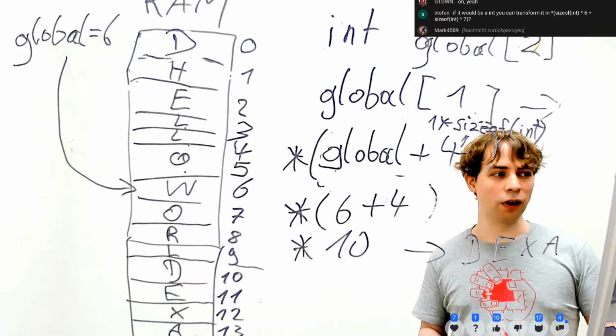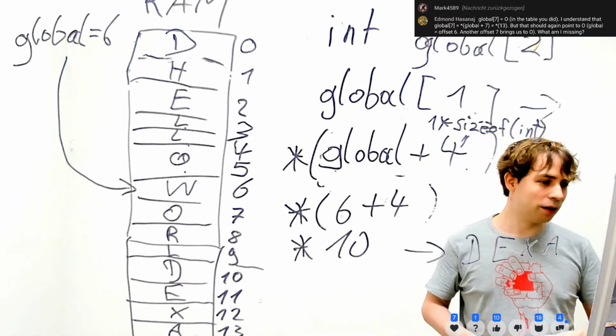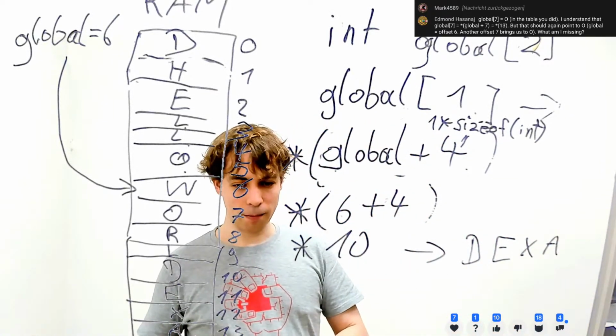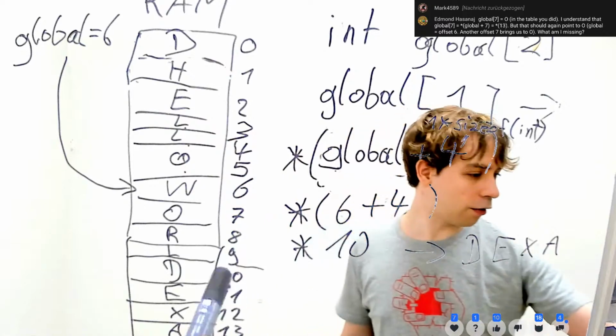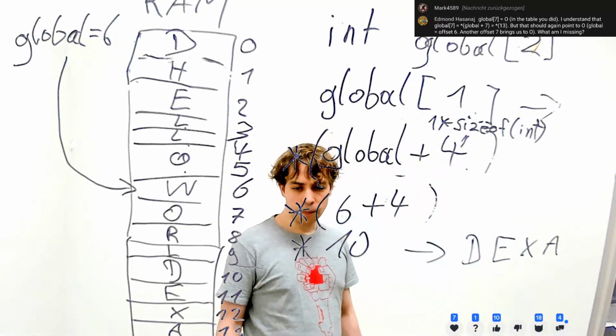You might have heard about endianness here, and I would have to take care of that to do this properly. But it would be the data from these 4 bytes.